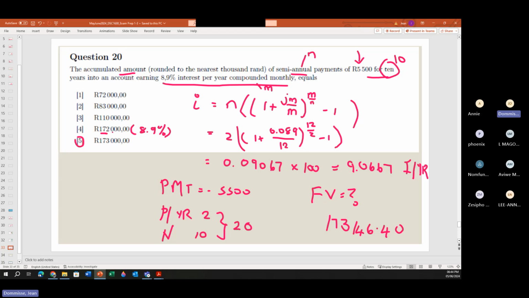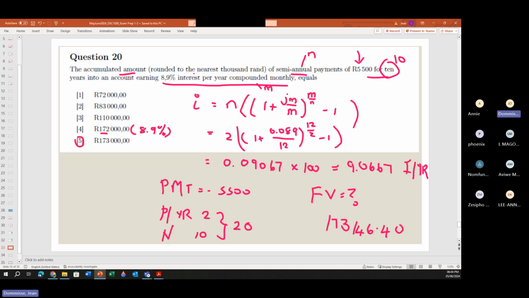Also, what is interesting is that if you had worked out the present value, it might be that, as the lecturer mentioned, some students get a few different questions, so everybody doesn't always get the same question.